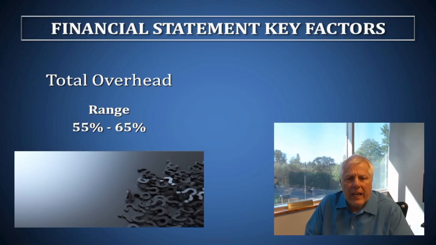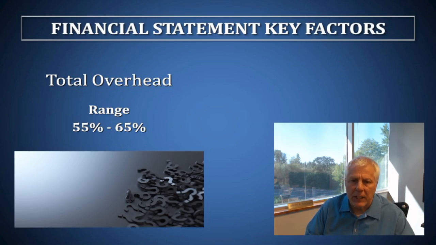Total overhead range is 55 to 65% in the general practice, 8% lower in the specialty practice, because they don't have hygiene, and they'll have assistants, but assistants as a percentage of the revenue is much lower than the hygiene percentage of the revenue.